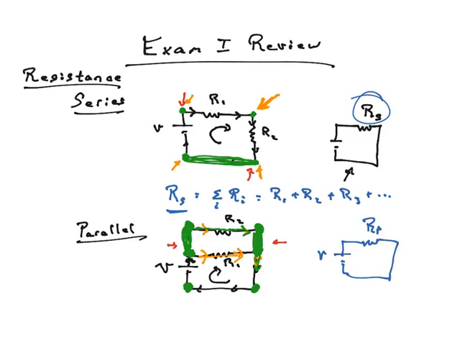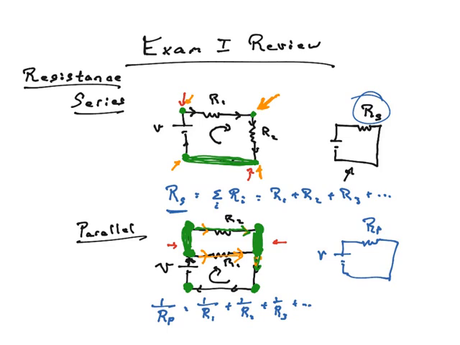Well, the equation for this one is not as easy as the series one. Here we have to say 1 over the total parallel resistance is equal to 1 over R1 plus 1 over R2 plus 1 over R3, and so on.